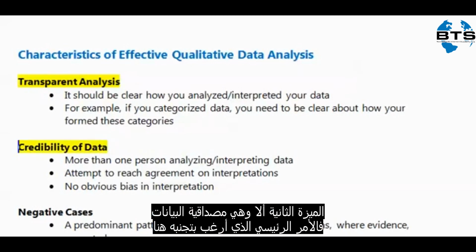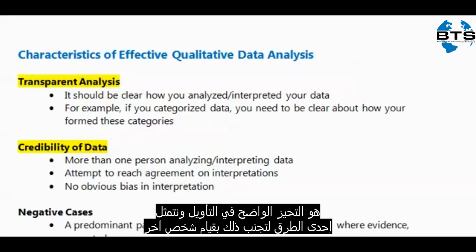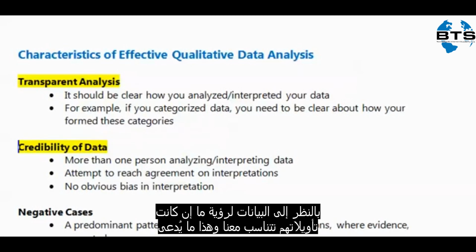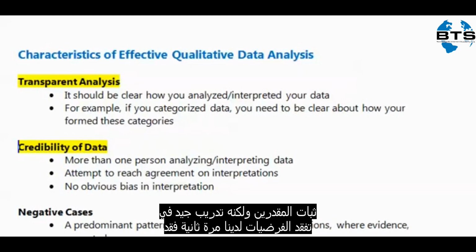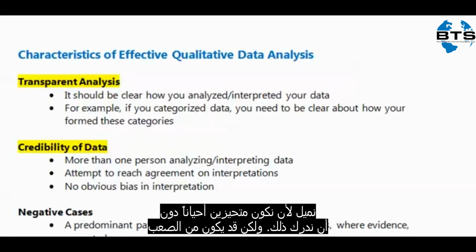The second feature is credibility of data, and the main issue there is we want to avoid obvious bias in interpretation. One good way of doing that is getting a second person to look at the data and see if their interpretations match our own. It's called inter-rater reliability, but it's good practice in double-checking our assumptions, because sometimes we can be biased without noticing it.